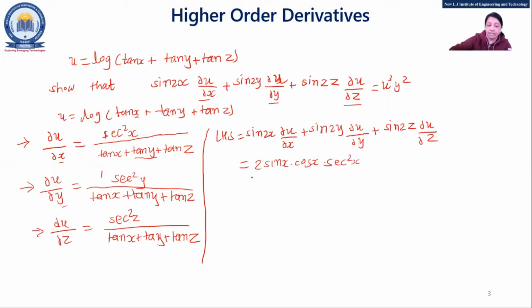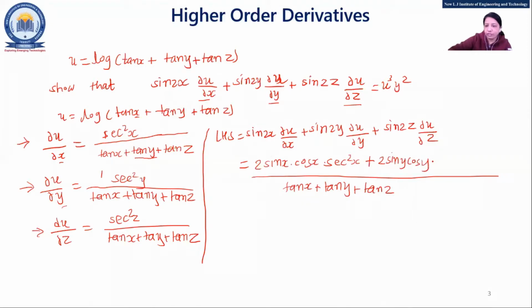And see, in the denominator for all the terms, there is a common 10x plus 10y plus 10z. Clear, all of you? Plus sine 2y, that is also written as 2 sine y cos y into del u by del y, which is sec square y, right?